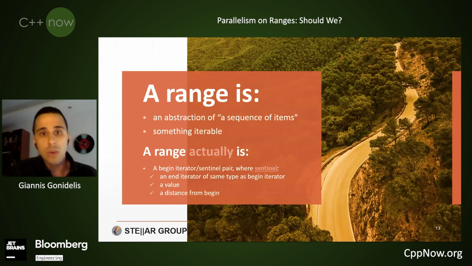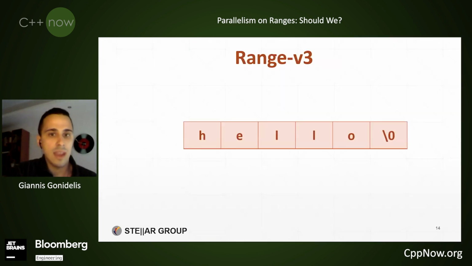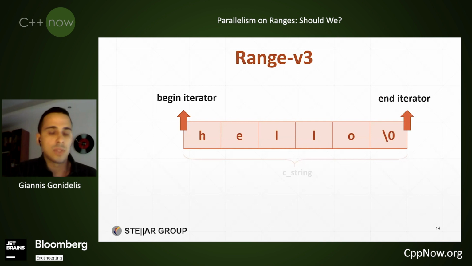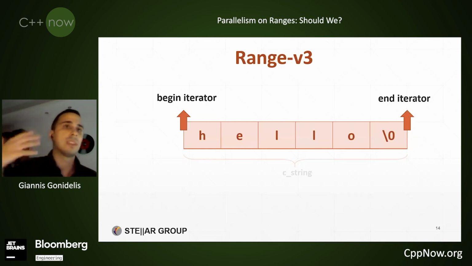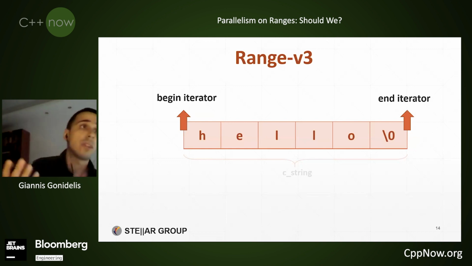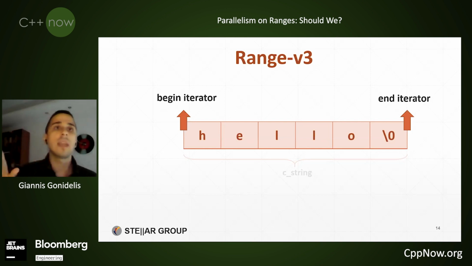So I will actually show you a graphic example of how ranges work, how ranges are being composed. So C string was the initial idea that range v3 got built on. In other words, range v3's initial idea was that with a C string, that we assume you may already know, we have this null terminator.